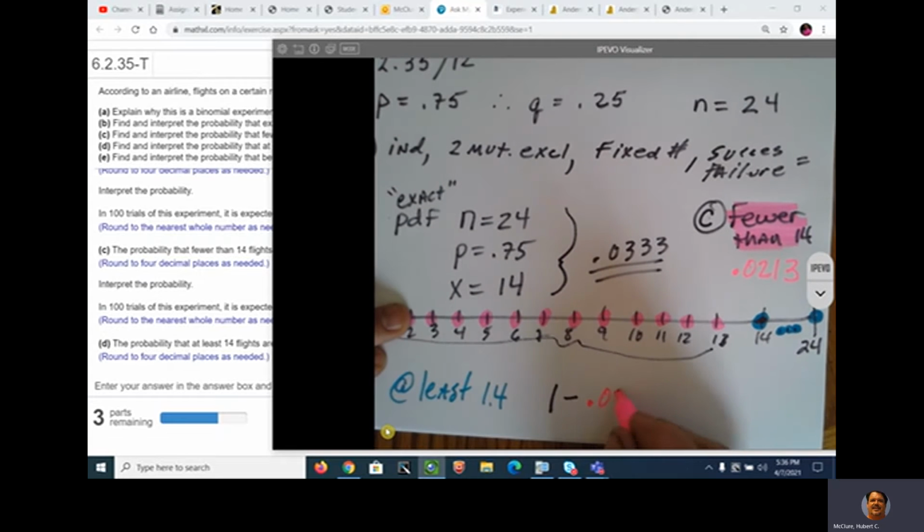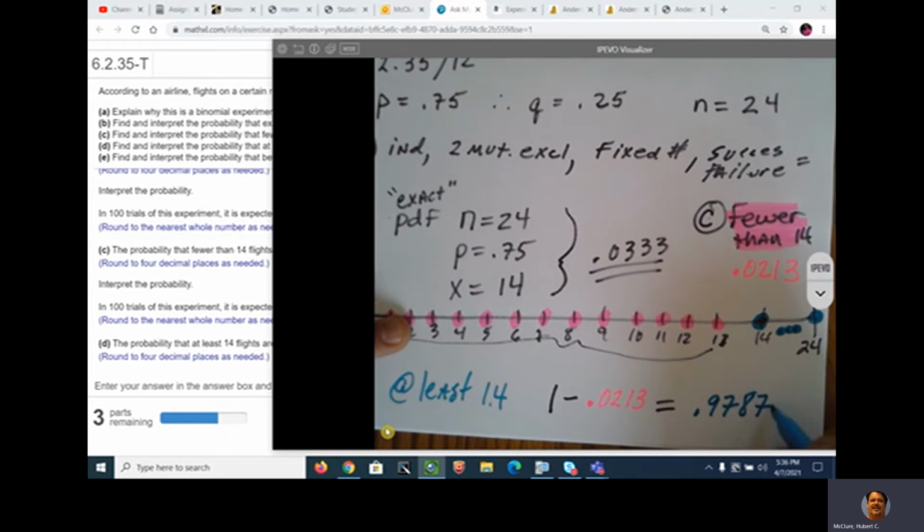So I'm going to subtract 0.0213, and that's going to give me 0.9787.